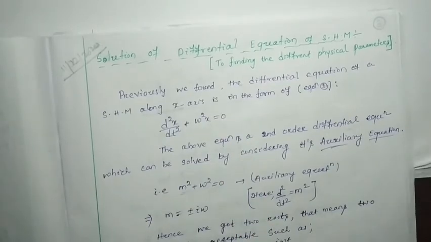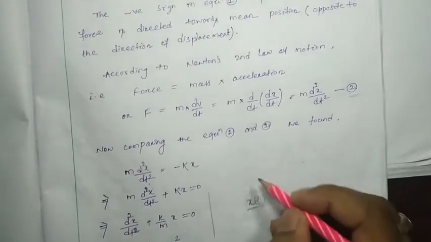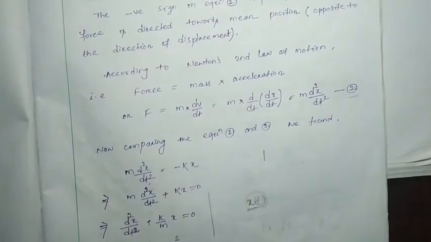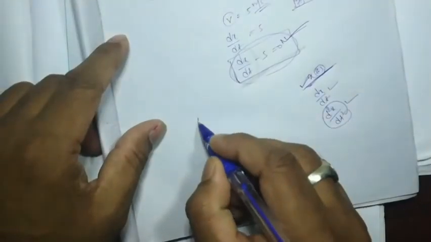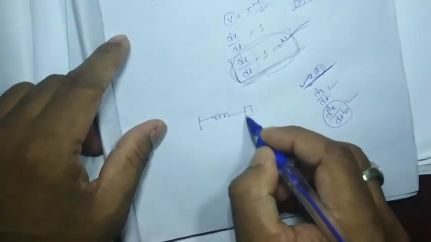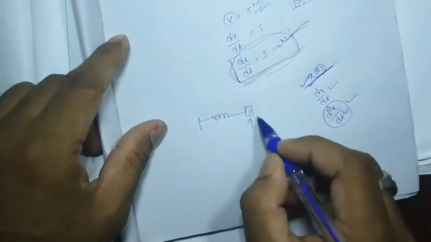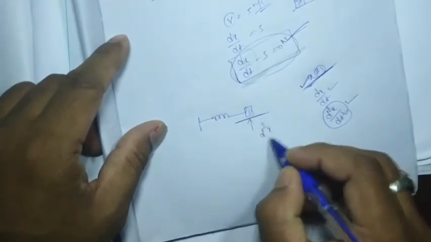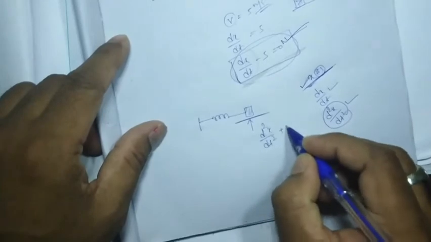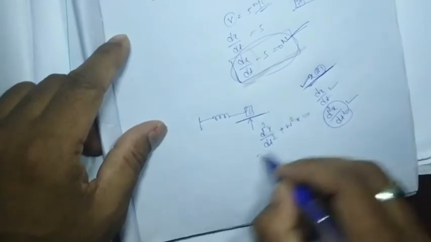Here one thing I want to tell you: the motion is along the x-axis, right? We considered simple harmonic motion along the x-axis, so its equation we found like this.